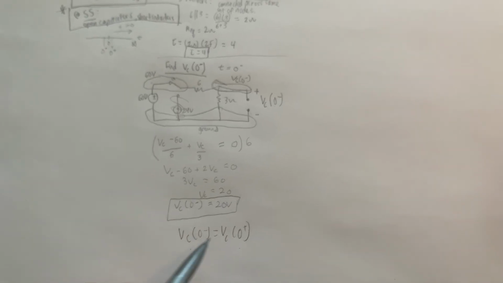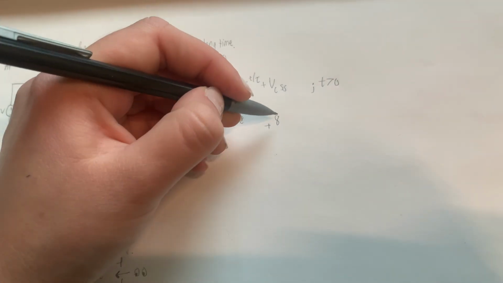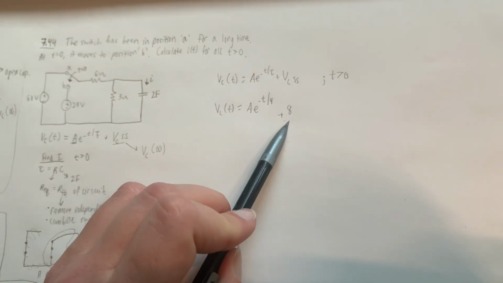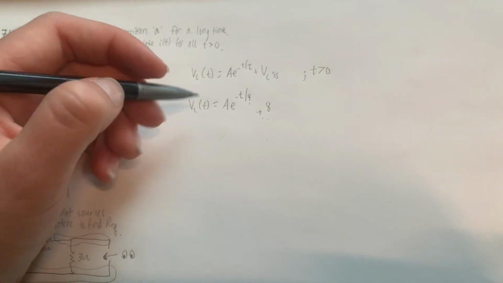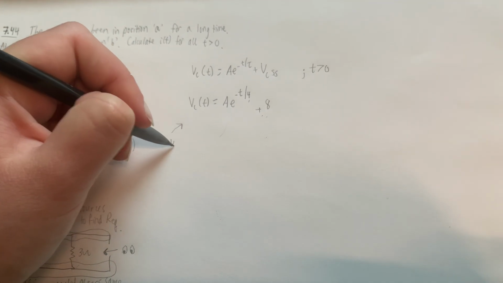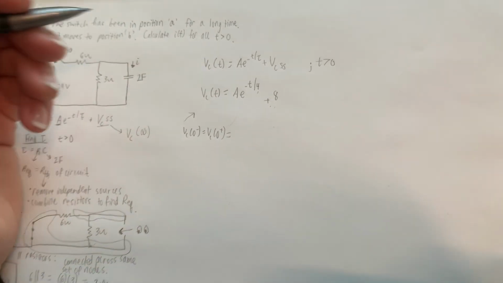But they essentially equal the same thing. So voltage at steady state was 8, tau was 4, and then now I'm going to plug in my initial condition of VC of 0 minus equals VC 0 plus equals 20.